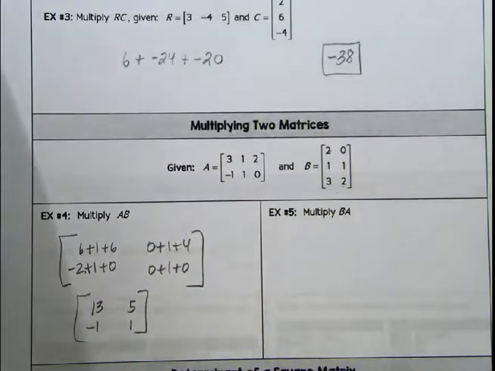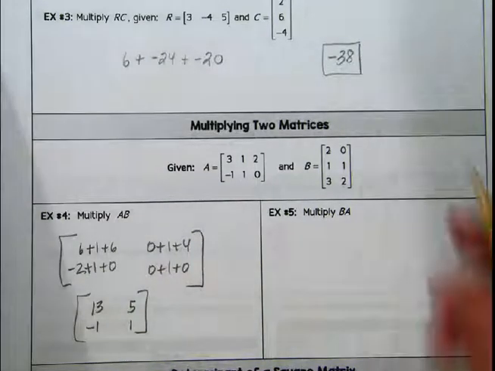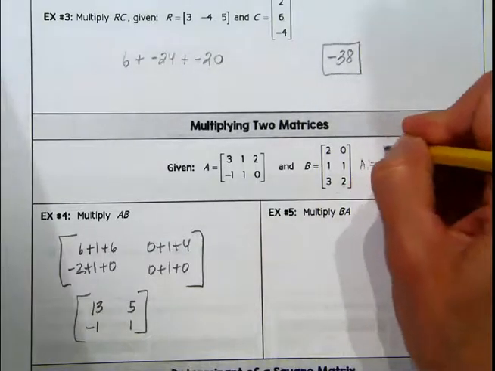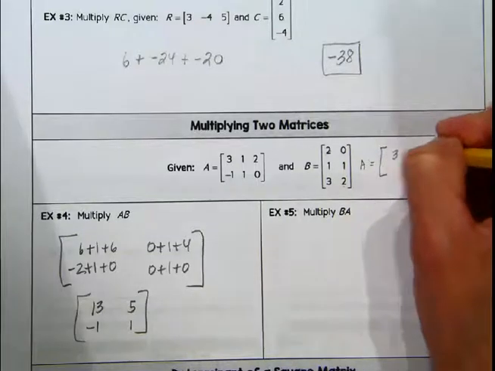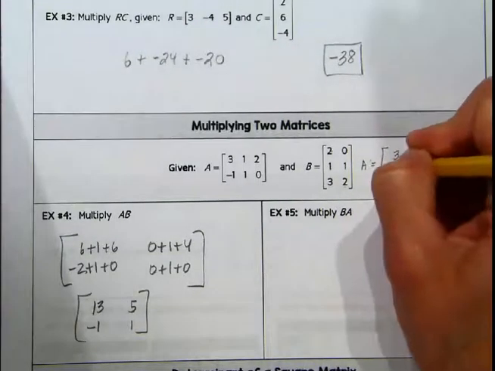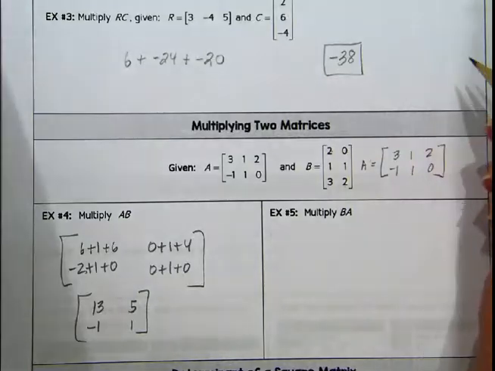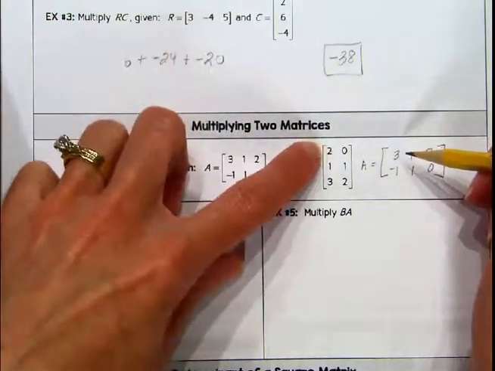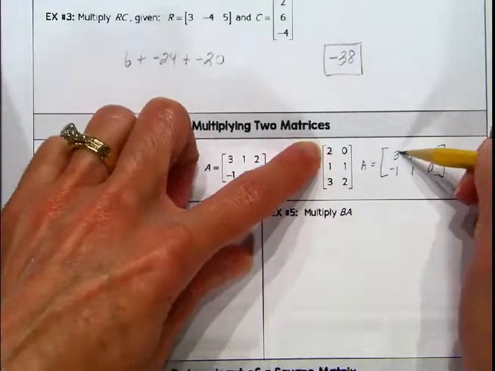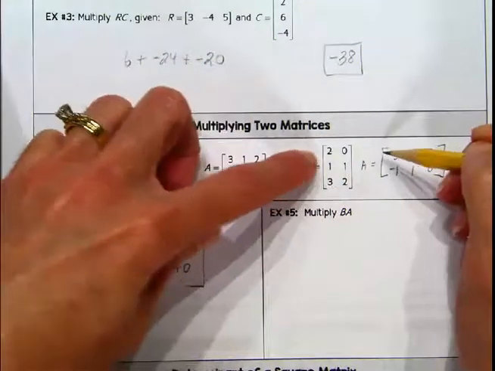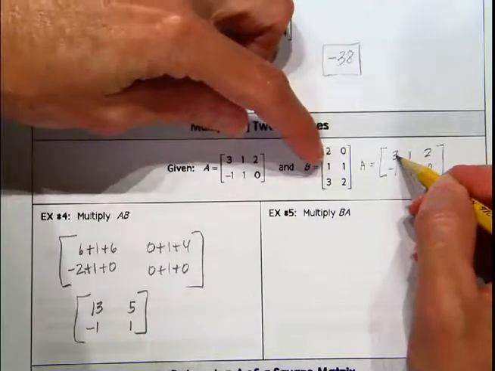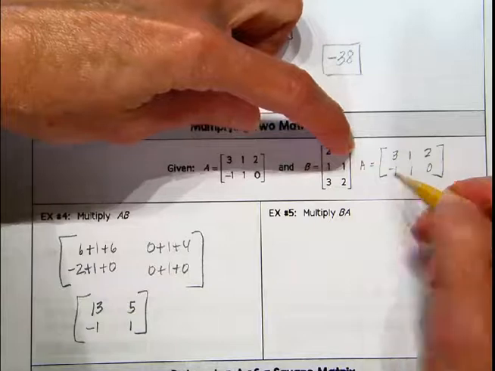So that's our final answer. Notice I showed the process of doing it. Now if I'm doing B times A, I'm going to write A over here just to make it easier for me to see it in this order, because going backwards messes with my mind. So I'm just looking at these two. On this one, I'm going this way. So this is 6 plus 0.